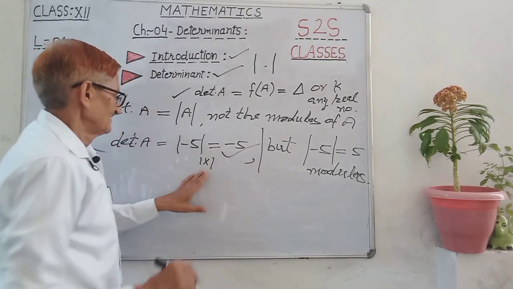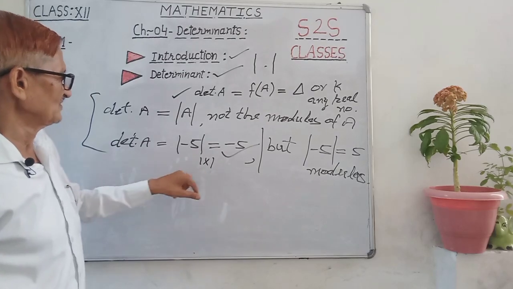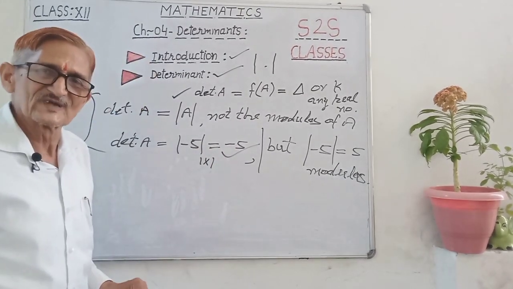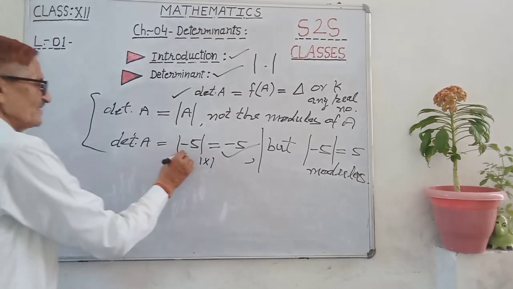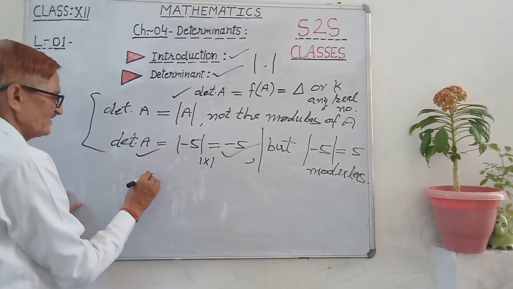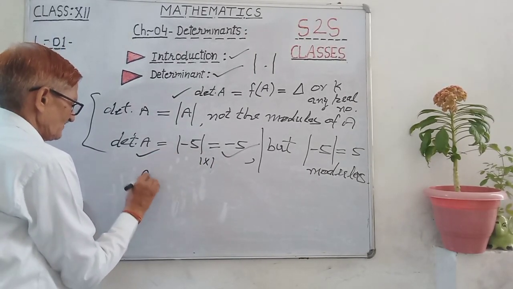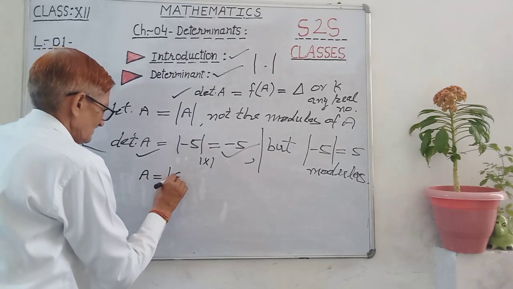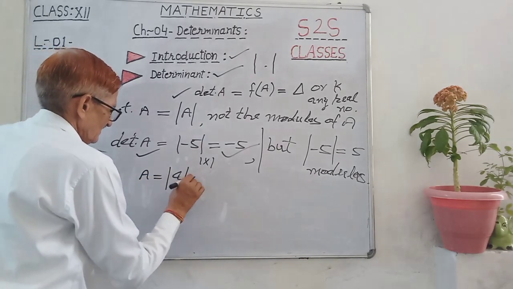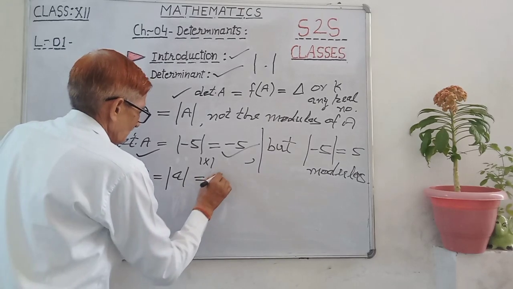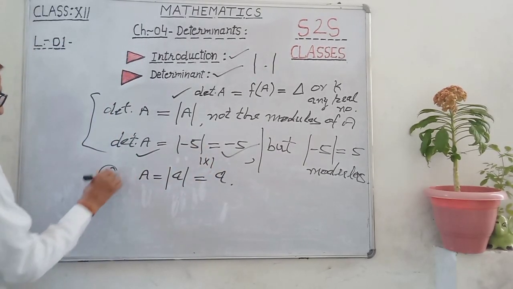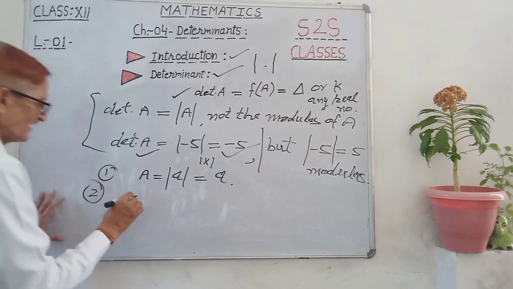Let us suppose A is equal to the determinant of A, then this will be equal to A as it is. Okay, number 1. Number 2, 2 by 2.